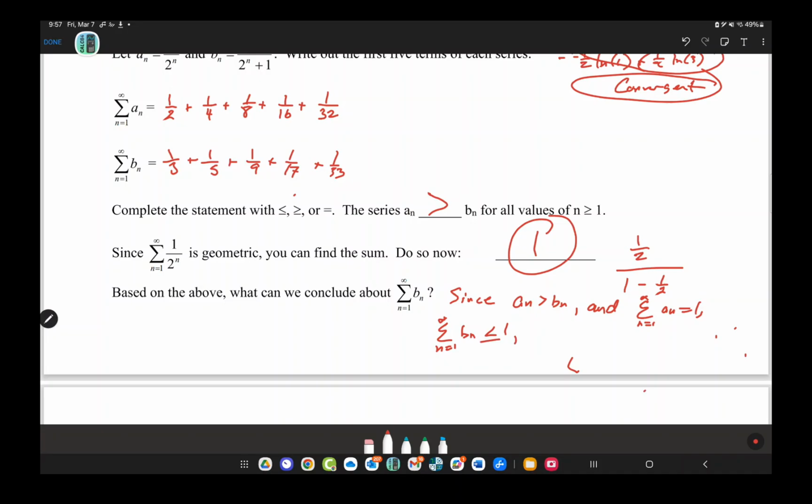Which means that what? It must converge. And this value right here will be an upper bound.